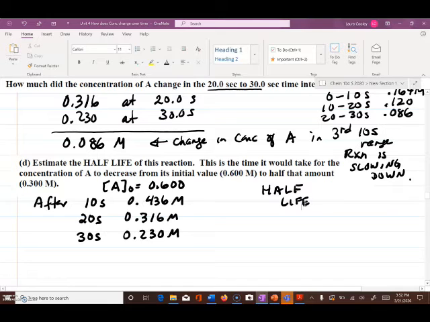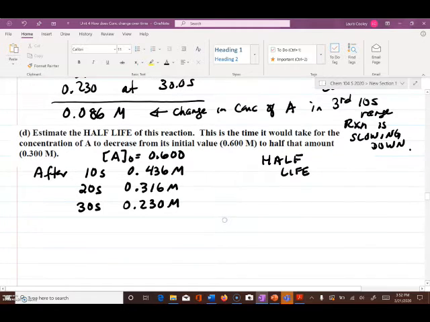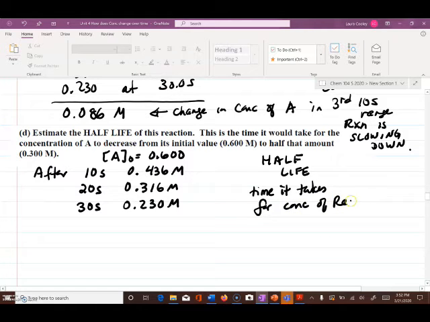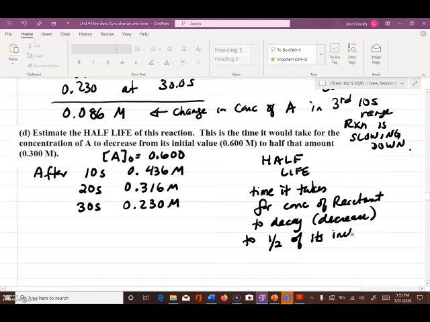And what this part D asks you to do is estimate the half-life. Now, what is the half-life? The half-life is the time it takes for the concentration of the reactant to decay, in other words, to decrease, to half of its initial value.